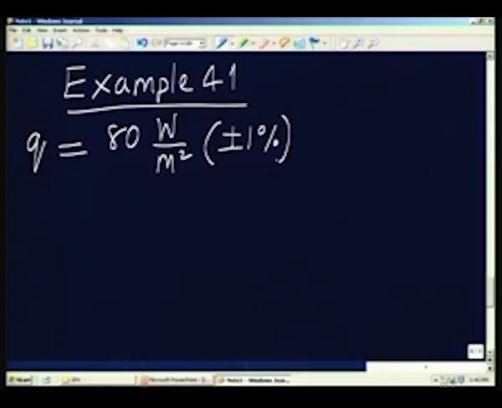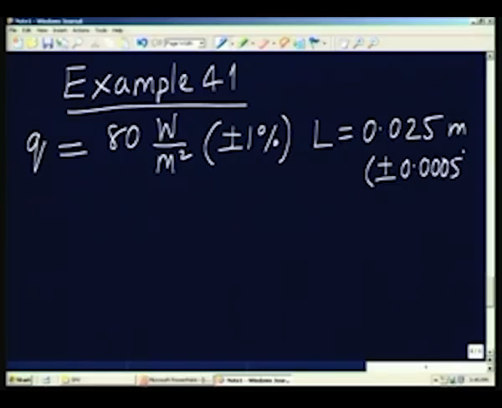Then I am given the thickness of the sample L, which is 25 millimeters, that is 0.025 meters, plus or minus 0.5 millimeters, which comes out to be plus or minus 0.0005 meters. I am writing everything in SI units, and the delta T has been measured as 5 degrees centigrade plus or minus 0.2 degrees Celsius.